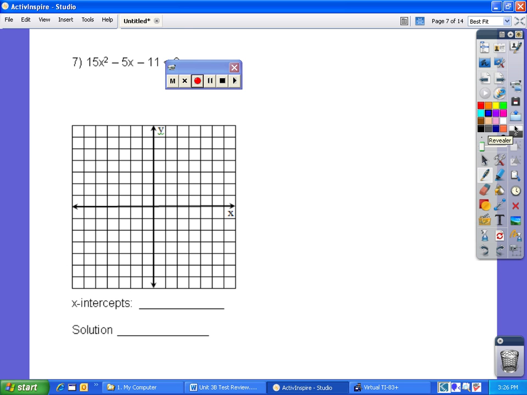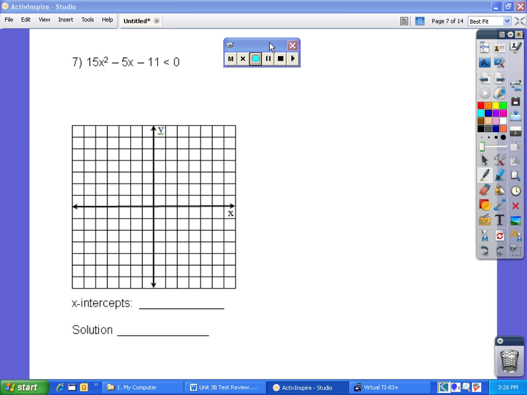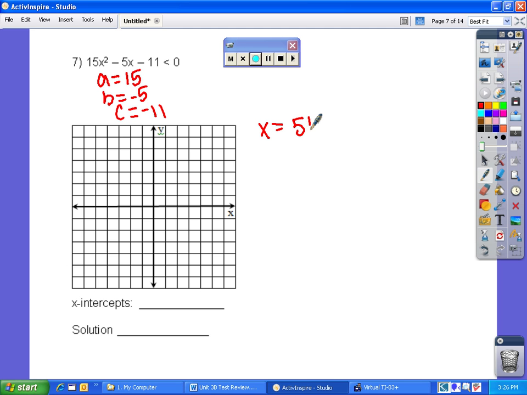So here's another example. We're going to use the quadratic formula. A is 15, B is negative 5, and C is negative 11. So x equals negative b, which is 5, plus or minus square root b squared, look at the parentheses, minus 4ac all over 2a.